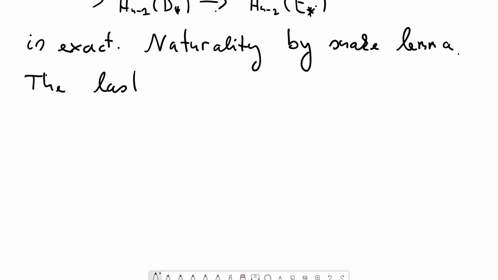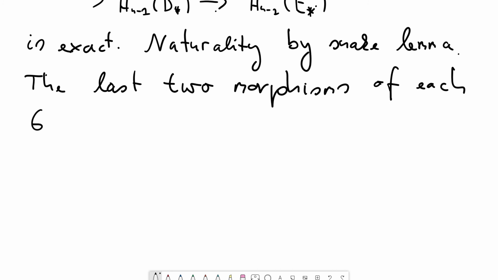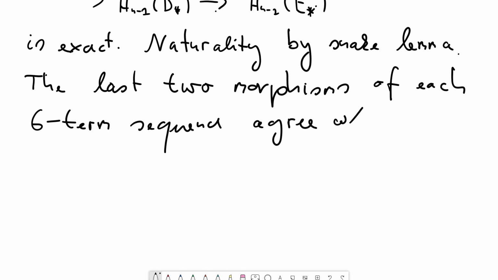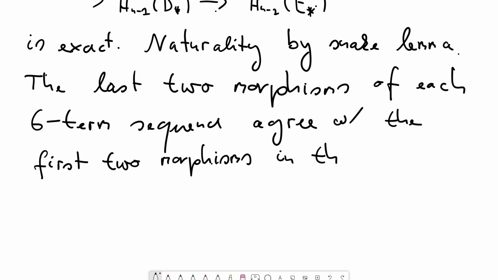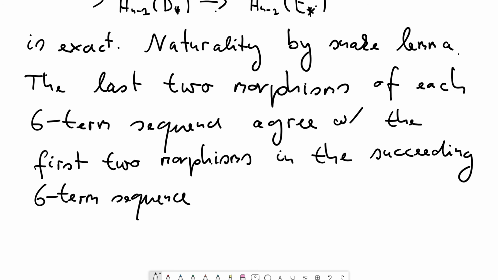The last 2 morphisms of each 6-term sequence agree with the first 2 morphisms in the succeeding 6-term sequence. Well, since they're induced by chain maps, as we just discussed.